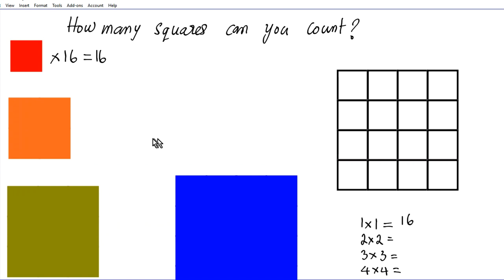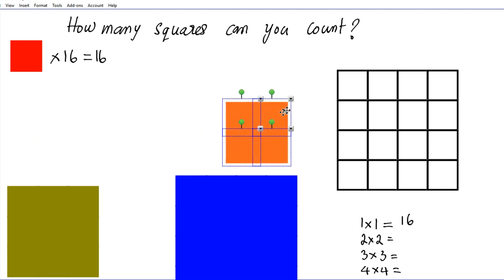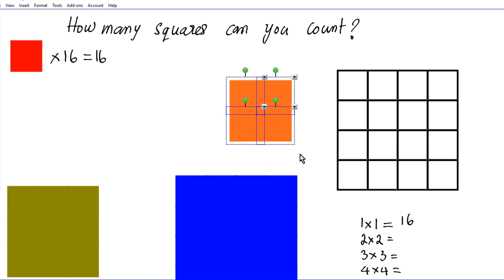Now we're going to shift gears and take a look at the 2 by 2s. This square is created by combining 4 of these squares in such a way that they're a square. Okay, so how many of these 2 by 2s do we have here? Now this is a tricky one because with the 2 by 2s we have a scenario where we have overlapping squares. Okay, so let's go ahead and take a look at how many of these we have here.